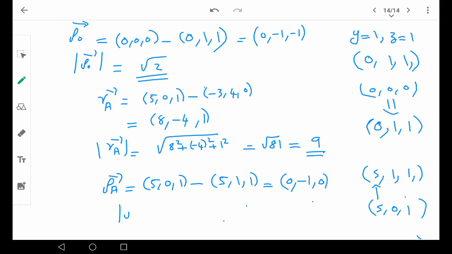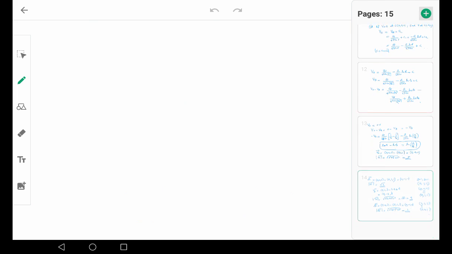So the magnitude of rho A will be the square root of 0 squared plus (-1) squared plus 0 squared, equal to 1. Now you can substitute this into the equation. You do the calculation by yourself, then you can find VA equal to 8.477 volt. That is the answer for VA.